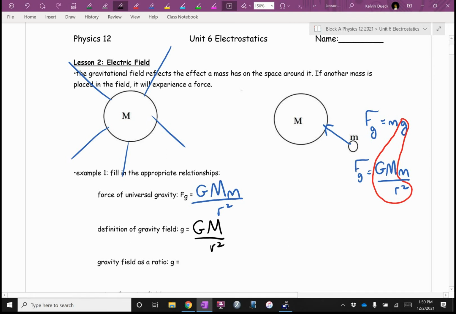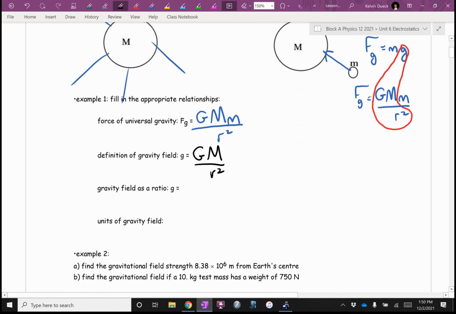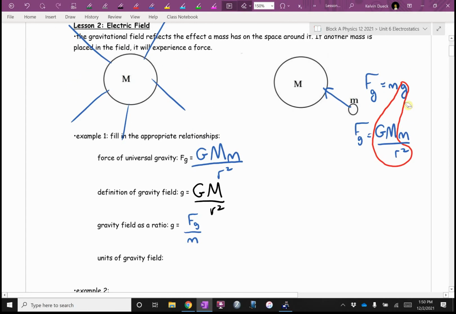I did not give you that equation on your formula sheet on purpose. What I did give you was gravity field as a ratio. I said, well, it's also Fg over little m. I got the g by itself in this equation right here, but can you see how by doing that, I'm actually kind of giving you that, because if you cancel out the little m, you get that.